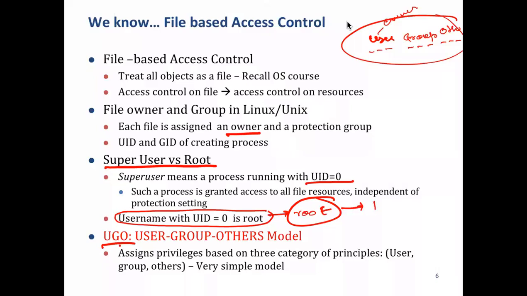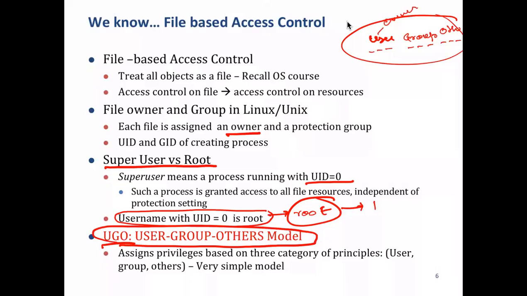Remember that the UGO model is a very simple model, where with any object you create 3 categories of users. First is the owner, second is a group, and third is others. We studied this in the last class, right? The owner is usually one, the owner of the process. You created a file, you are the owner.